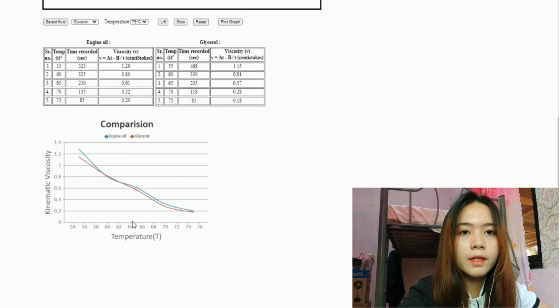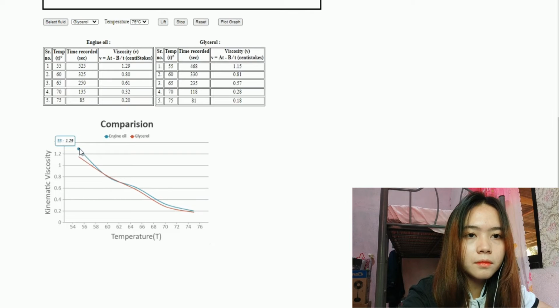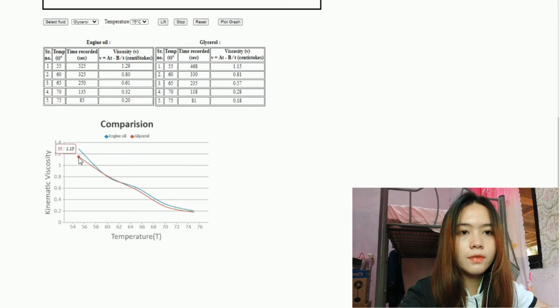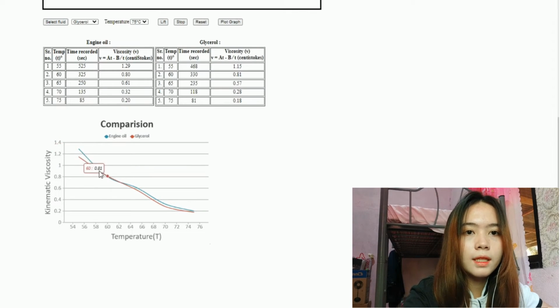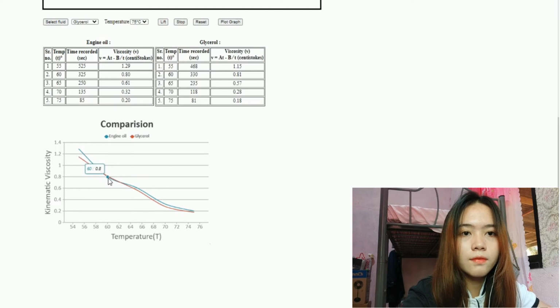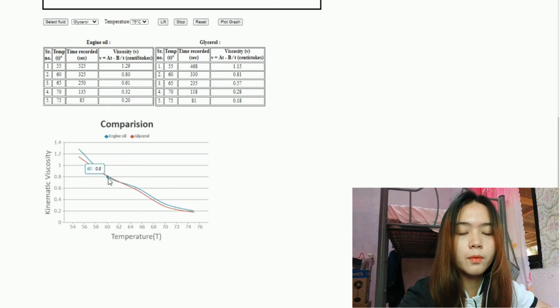So, comparing the graph between kinematic viscosity versus temperature for both fluids, as the temperature increases, the viscosity decreases, and as the temperature decreases, the viscosity increases. Observing, therefore, we can now conclude that the viscosity is inversely proportional to the temperature.